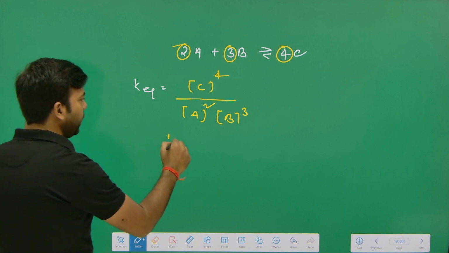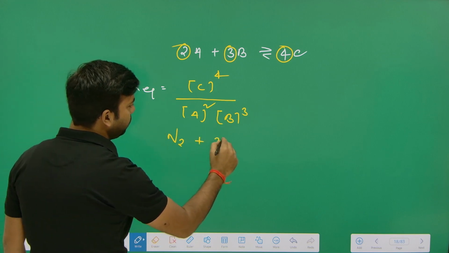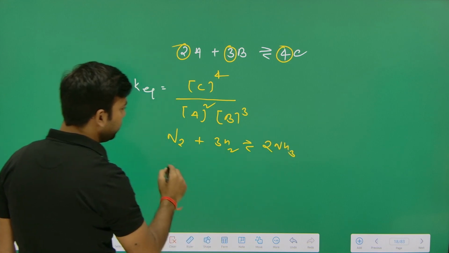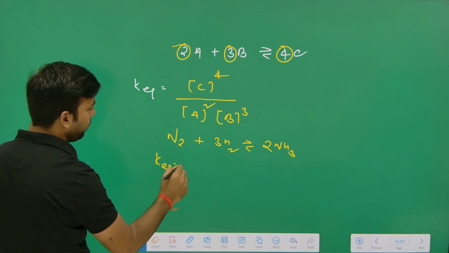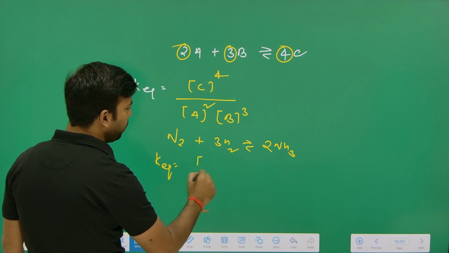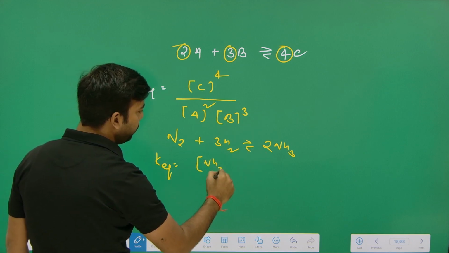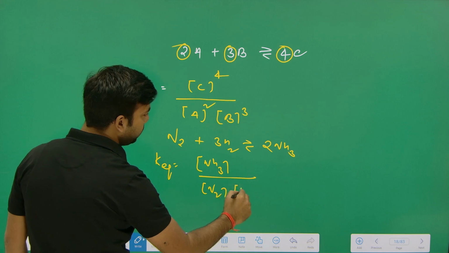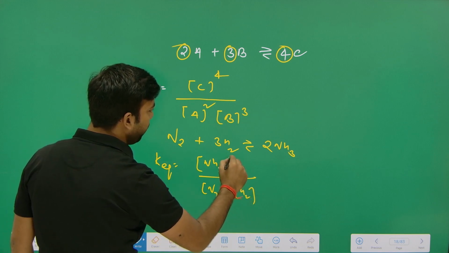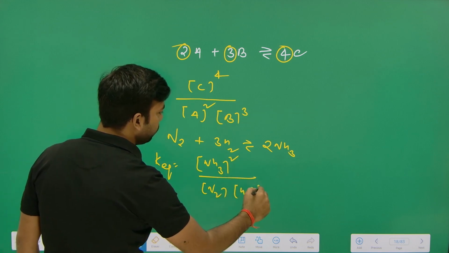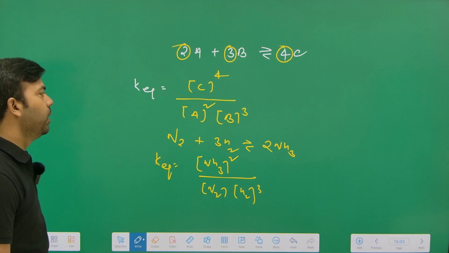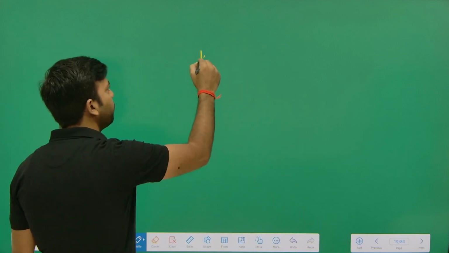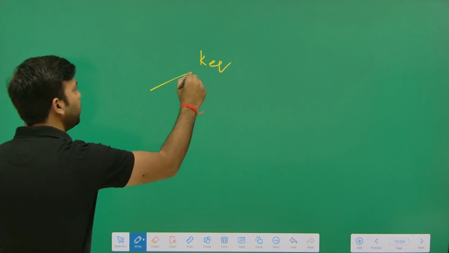Suppose we have a reaction N2 plus 3H2 gives 2 ammonia. What should be K equilibrium? So K equilibrium will be what? Ammonia is my product, and N2 and H2. So ammonia power 2, N2 nothing, H2 power 3. Clear? So this K equilibrium is divided into two types, Kc and Kp.